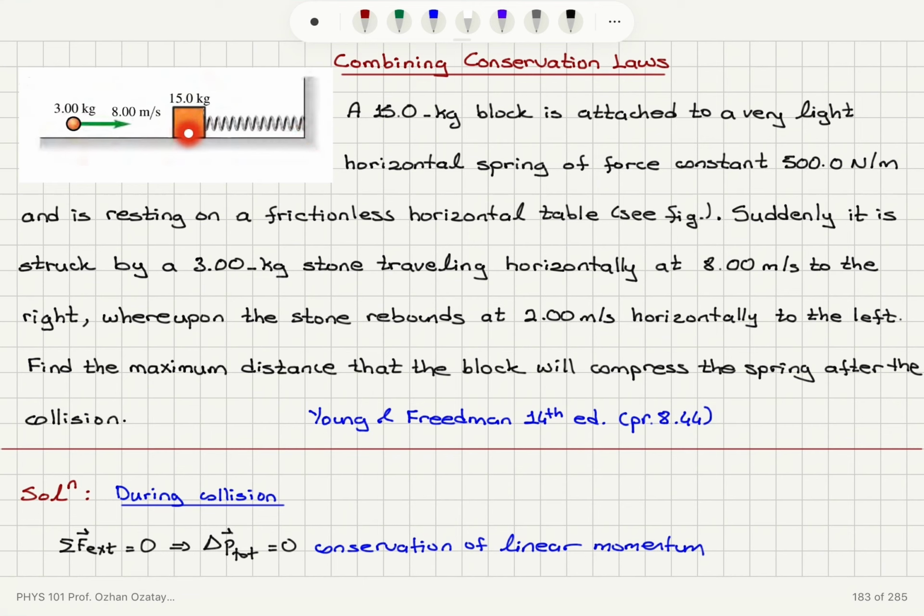This block will have an initial speed of 2 meters per second, and the associated kinetic energy of the block will be converted into potential energy of the spring as the block compresses the spring, so that there will be a total potential energy stored 1/2 k delta x max squared. At that moment, the block loses completely its kinetic energy and therefore has an instantaneous speed of 0.